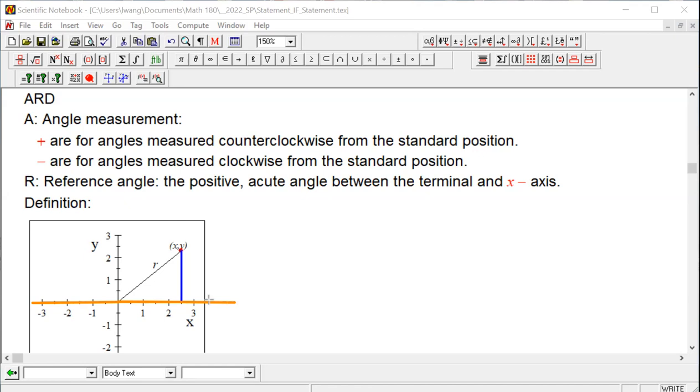So how many angles terminate here? 0 is one, then 2 pi, 4 pi, 6 pi, and so on. And it could also terminate here: pi, 3 pi. Now we look at all the possible angles that terminate, all measured from the standard position.